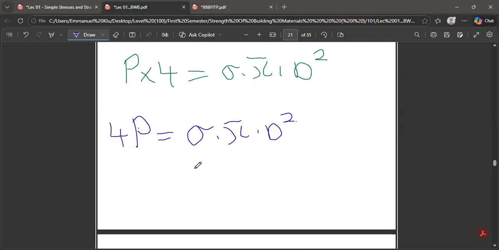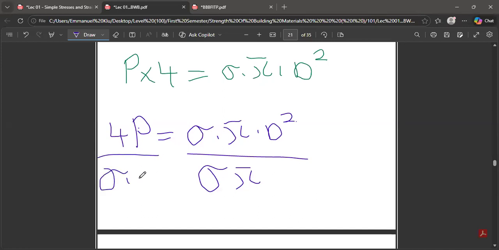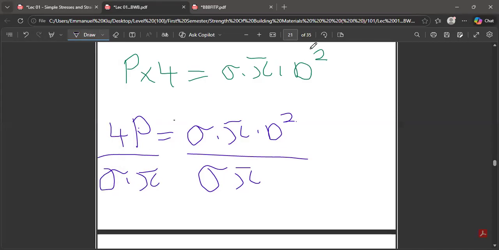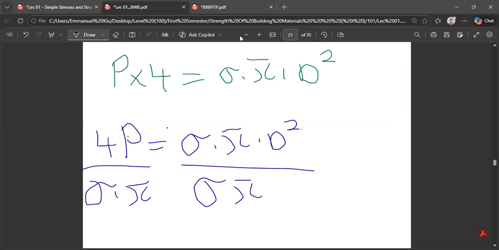Because we are looking for the diameter, we can divide both sides by stress times pi. Let's do our cancellation. After cancellation, this will take care of this, and this will also take care of the other one. Exactly.